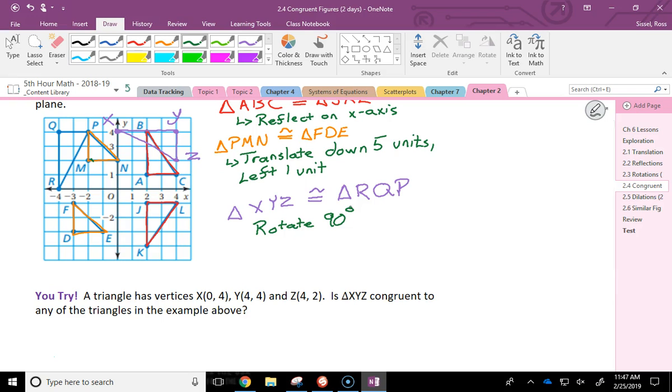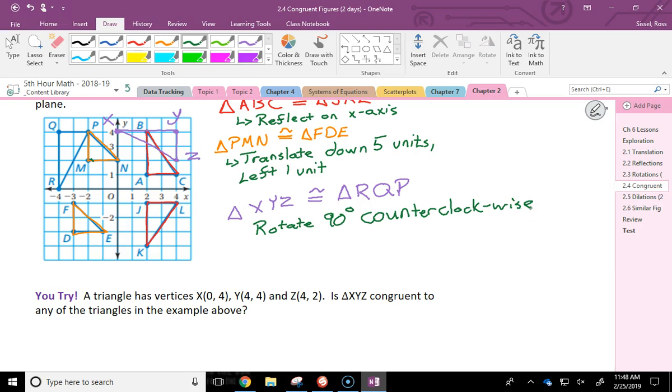The purple triangle would have ended up in quadrant 4. See? So you have to turn it. So you go clockwise.